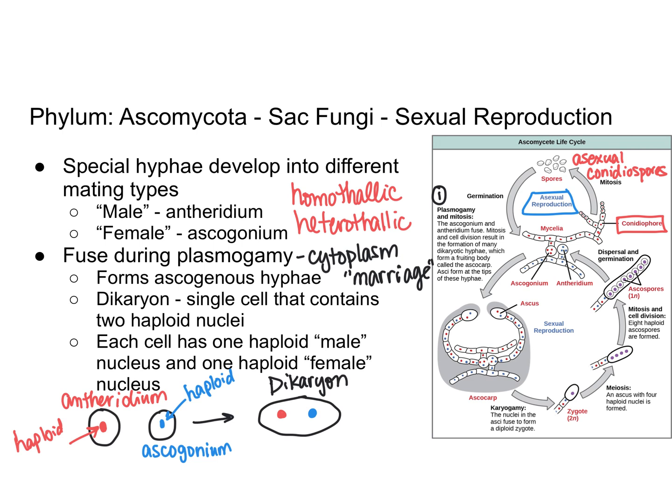And remember that this is not a diploid cell because we still have two separate haploid nuclei present. The cell won't be considered diploid until the nuclei merge during karyogamy.